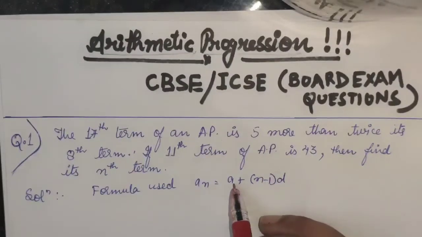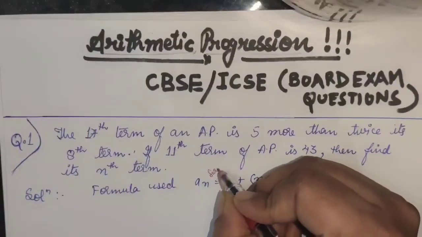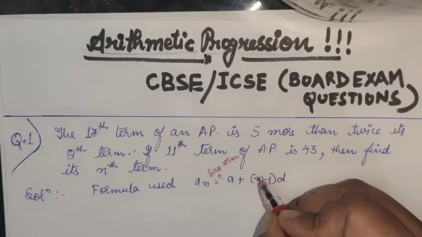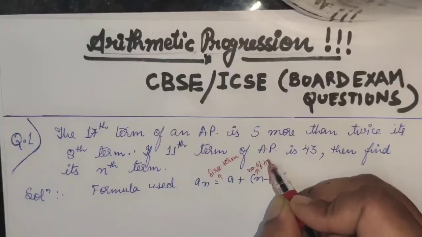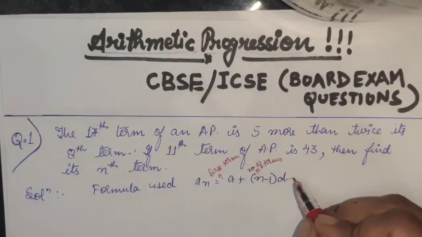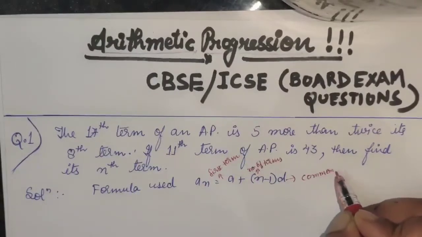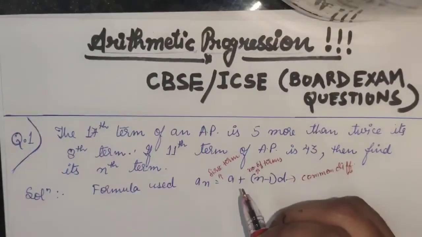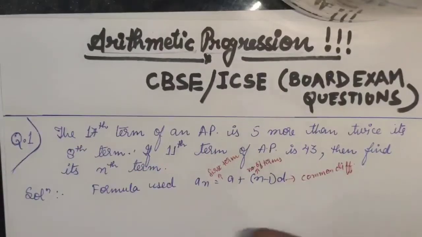An is equal to a plus n minus 1 into d, where a is called the first term, n is called the number of terms, d is known as common difference, which you can calculate by subtracting the previous term from the preceding term.